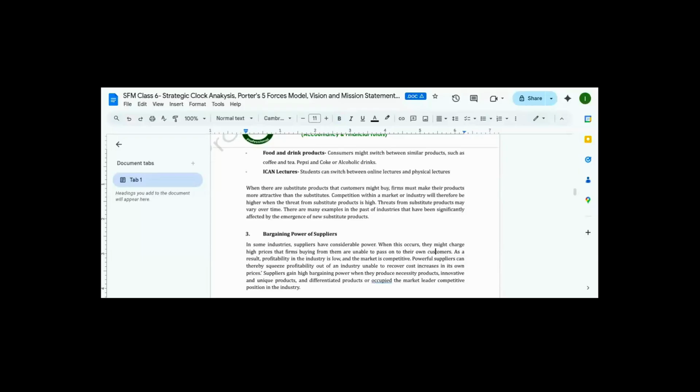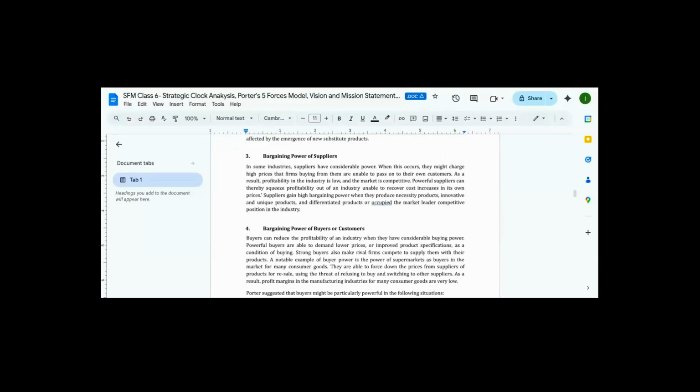And when you look further, you will discover that most suppliers that gain high bargaining power are companies that produce necessity products. All companies that produce necessity products have high bargaining power over the buyers.